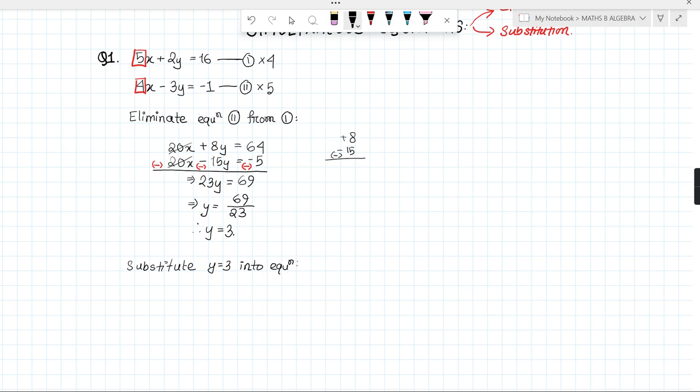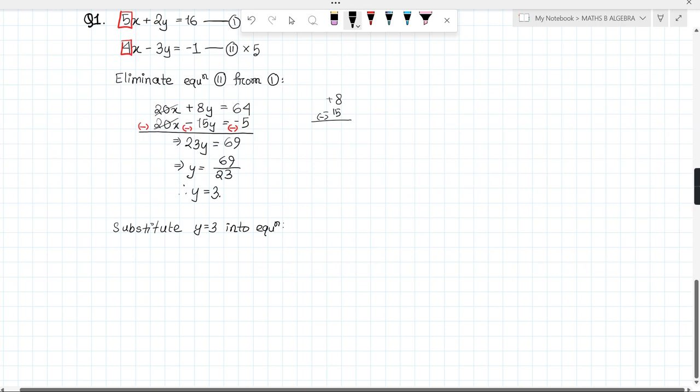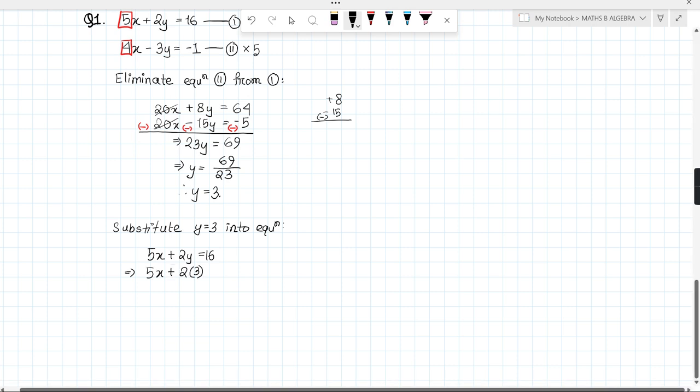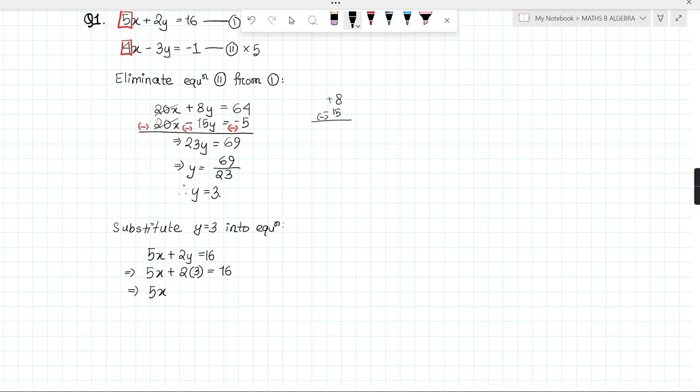Right, so equation 1 was 5x plus 2y equals 16. When you input the value for y into the equation, it will be 5x plus 2 bracket 3 equals 16, and if you make x the subject, x would be 16 minus 2 times 3, over 5.